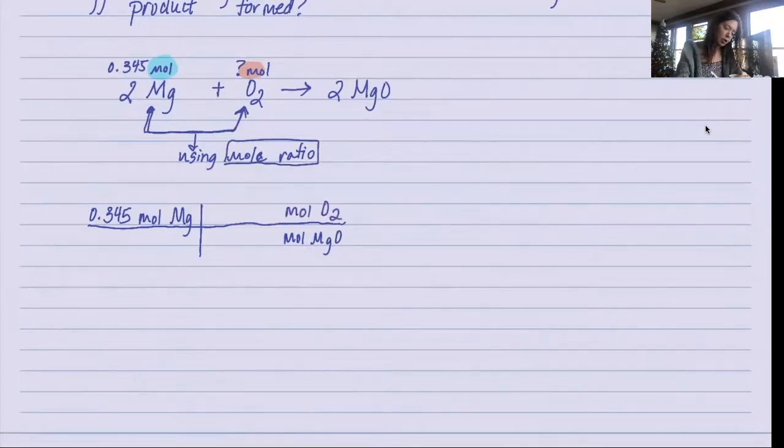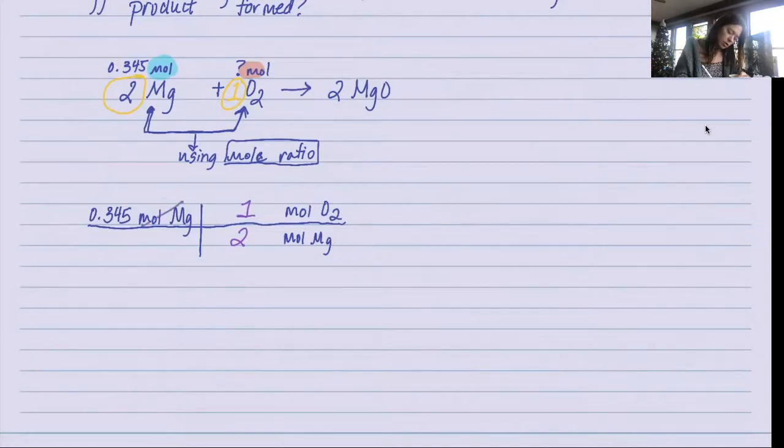I'm then going to look at my balanced chemical equation, and it is a 2-to-1 ratio. So for every 2 magnesium, oh, I made a mistake. This is just Mg, my bad. Every 2 Mg, I need 1 O2. That probably confused you so much. So sorry.